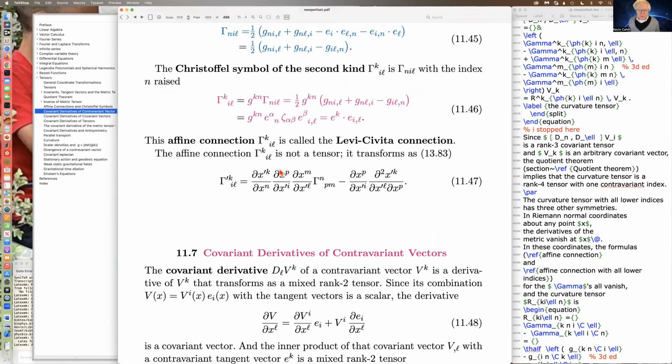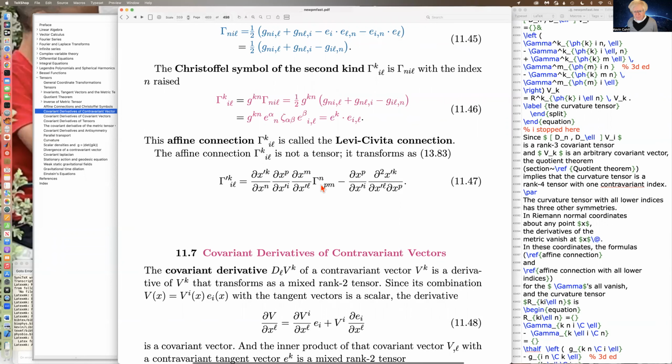And the reason it's not a tensor is that under a general coordinate transformation, it transforms as a tensor, but with an extra term, an inhomogeneous term that's not proportional to the original affine connection.